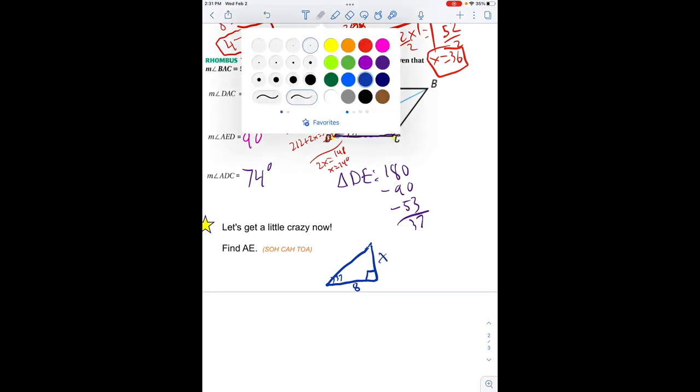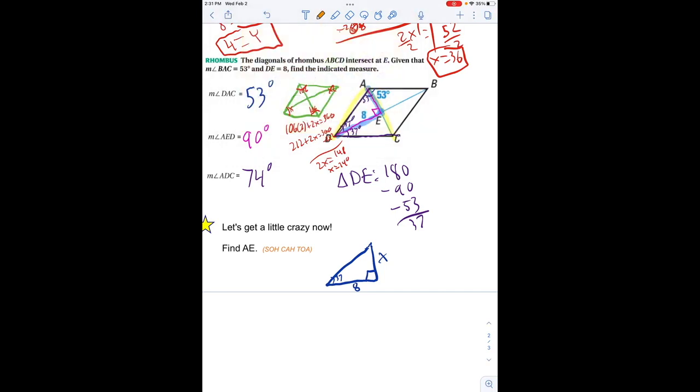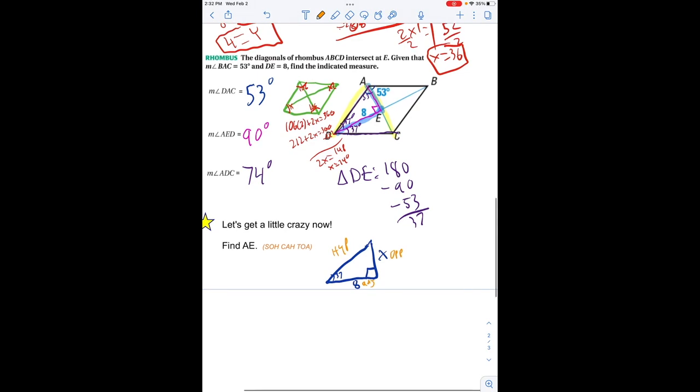If I think about SOHCAHTOA, I'm going to label from my reference angle my opposite and my adjacent. I'm not going to use the hypotenuse. What uses opposite and adjacent? That's tangent. Tangent of 37 degrees equals x over 8.